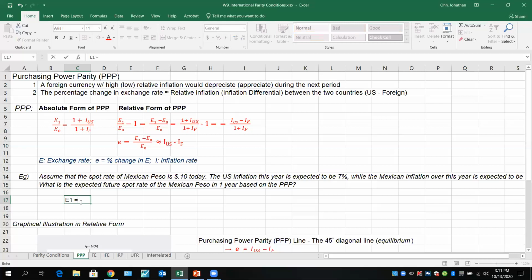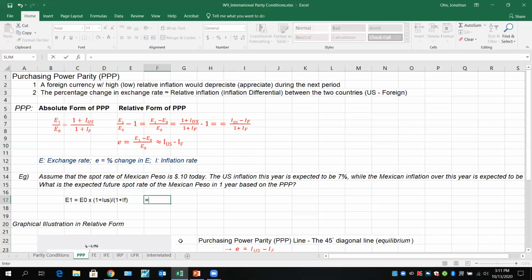So E1 is equal to E0 times 1 plus I US divided by 1 plus IF. We use this form.